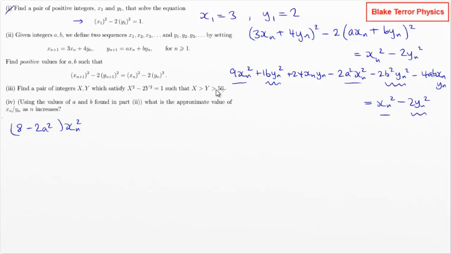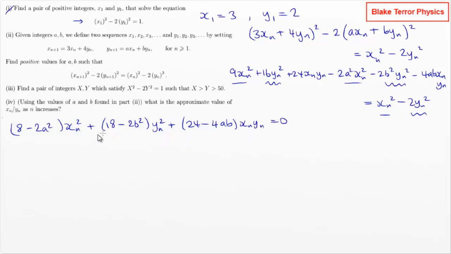So that's 16 plus 2 is 18 minus 2b squared. Okay, that's the yn squared. And then for our remaining terms, we've got 24 minus 4ab, and that is xnyn, and that's got to be equal to 0 for this to hold.